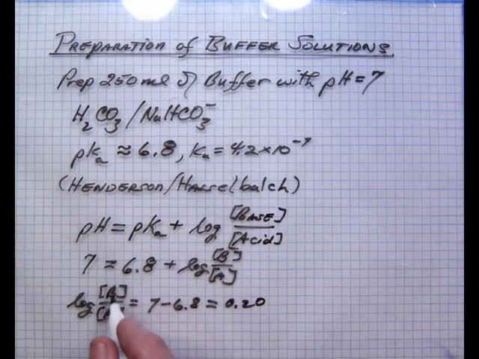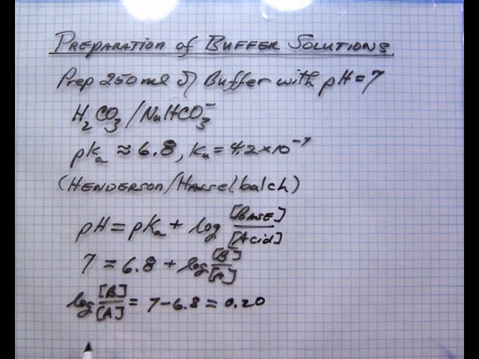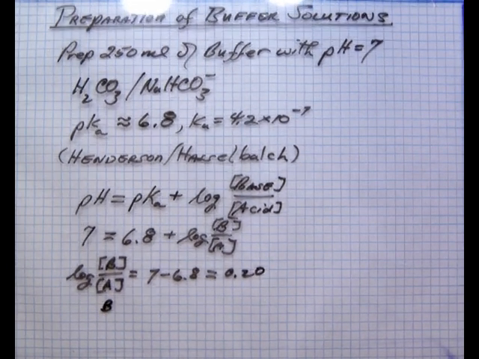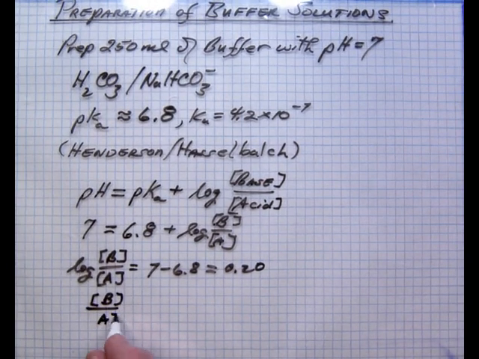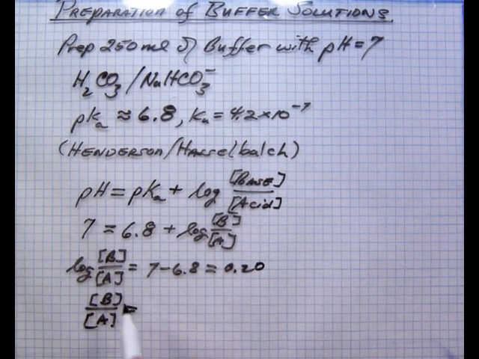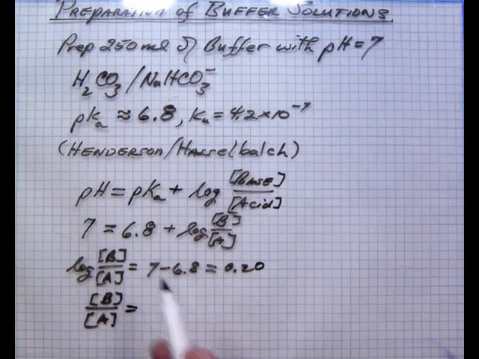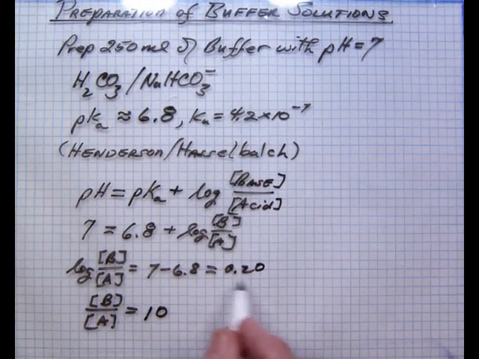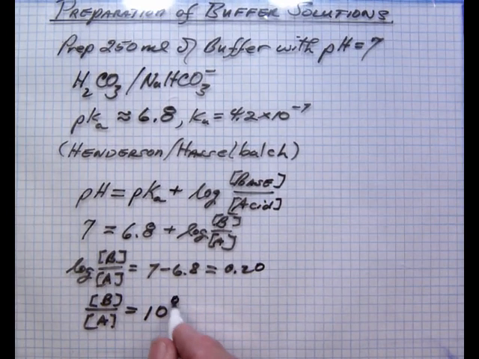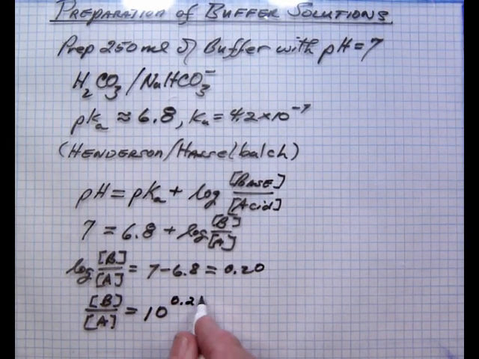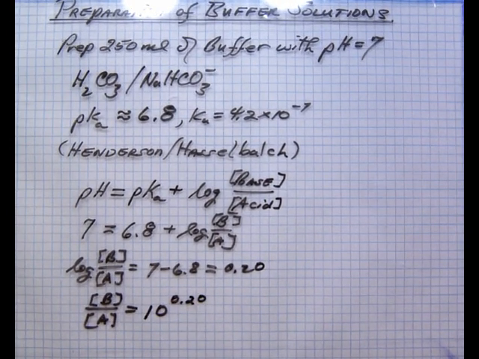Now from here I need the base to acid ratio. If you're going to undo a logarithm, it is 10 to whatever the log value is, and it'll be 10 to the 0.20. You put 0.20 into your calculator and take that as a power of 10.